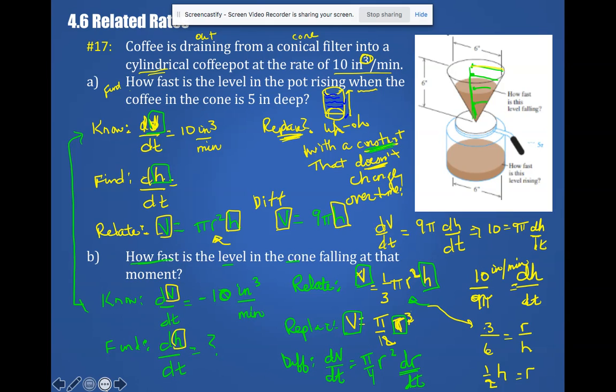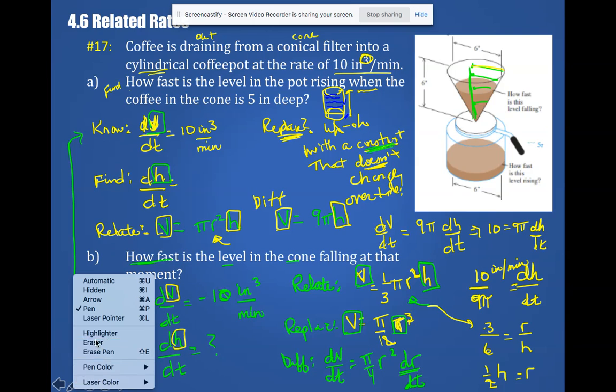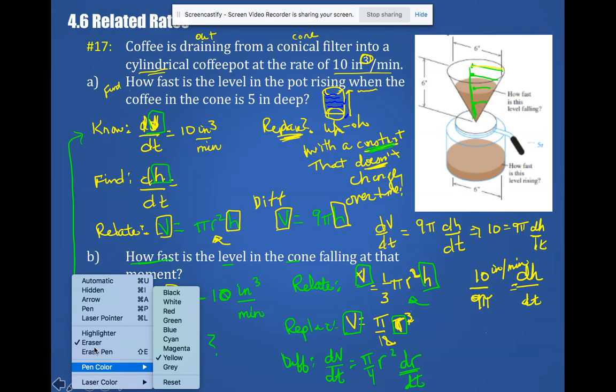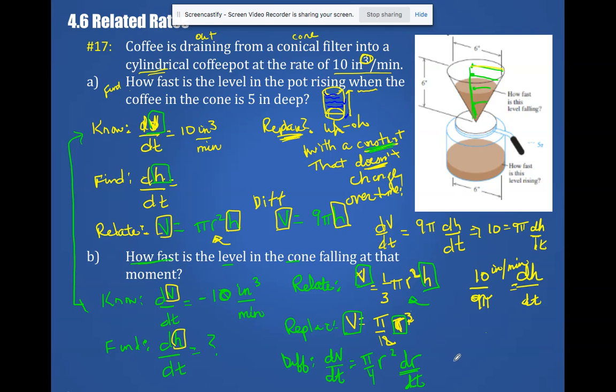Running out of space, huh? You know what? Maybe I'll erase this over here. So what I know is -10.